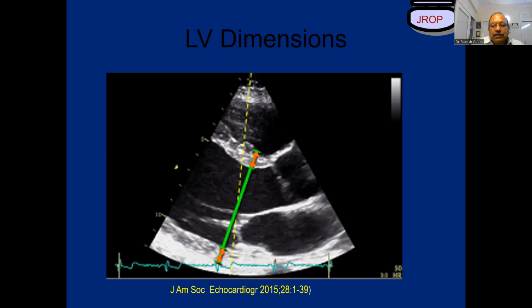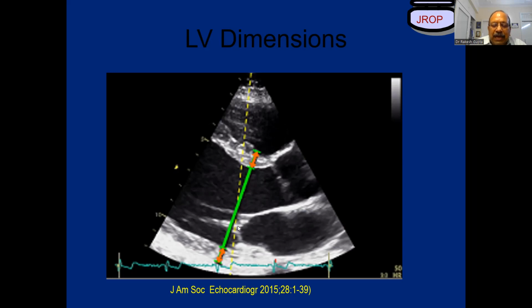Correct? Similarly, if I do an M mode for LV, it will cut the LV in an oblique fashion. So what we do now in 2024 is measure LV from the basal anterior septum to the basal posterior wall directly, both during diastole as well as systole.